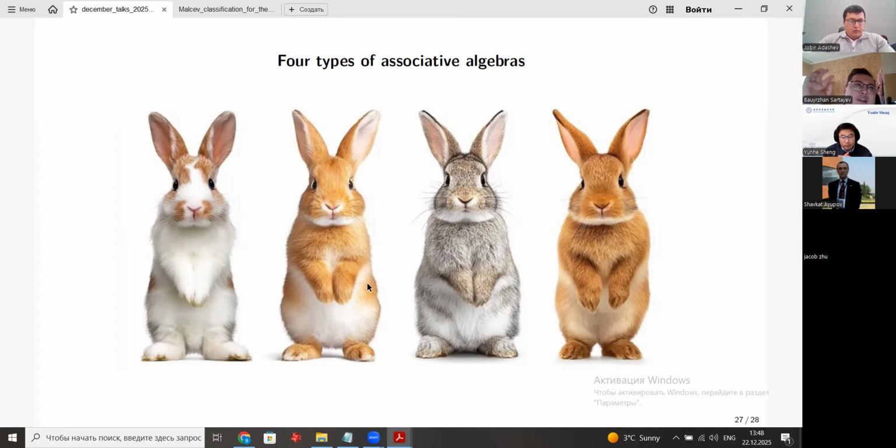Why? Because the first type is nilpotent of index 6, the fourth and fifth are also nilpotent of index 4, but the second is special. It's not nilpotent.